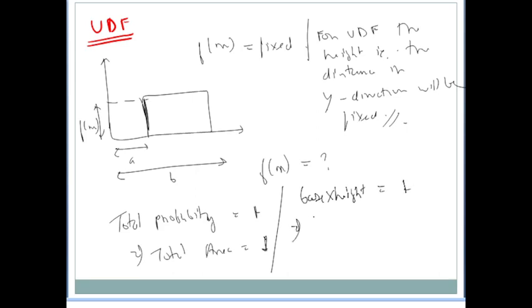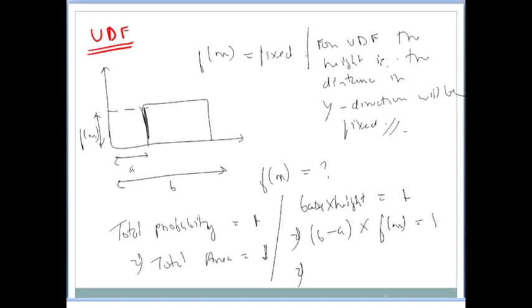Here base is b minus a, into height, height is f of x. This will be equal to 1. Therefore in case of UDF, the value of f of x will be equal to 1 by b minus a.